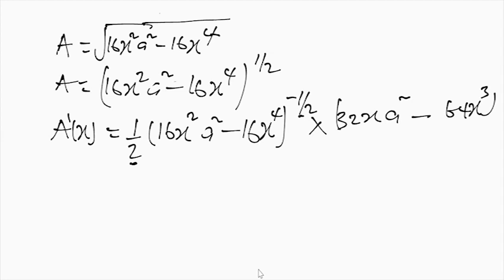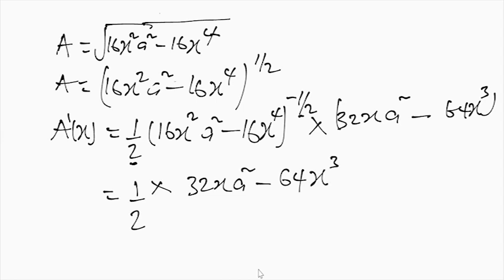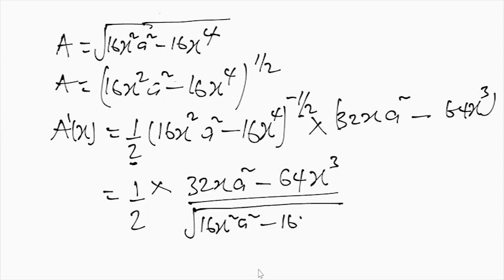Then we can proceed further. This becomes 1 over 2 multiplied by 32x a squared minus 64x cubed, divided by the square root of 16x squared a squared minus 16x to the power 4.